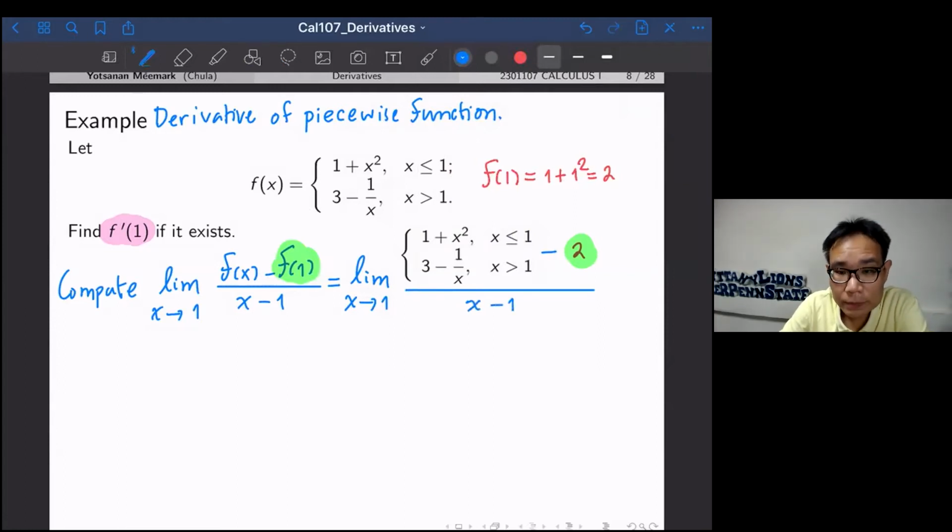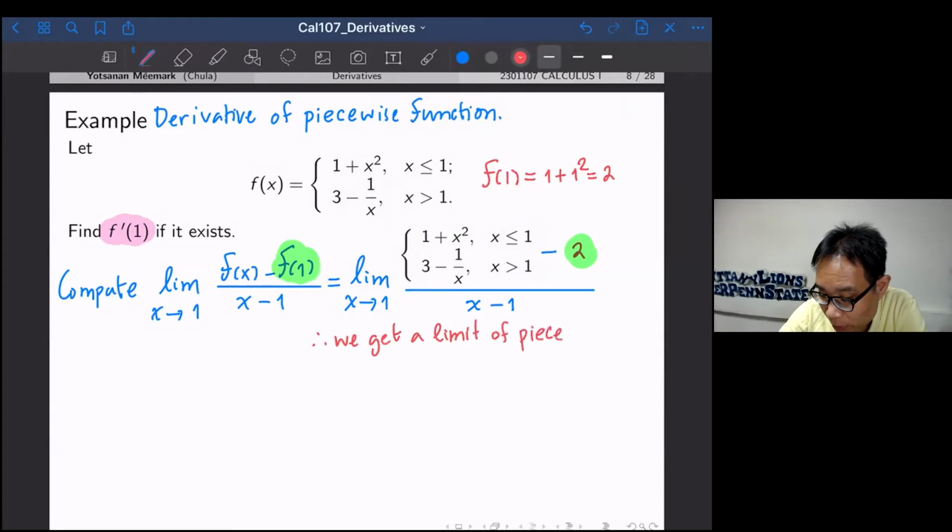And you see that we have two formulas. So this turned out to be a limit of a piecewise function. In order to compute the limit of a piecewise function, what are we going to do?